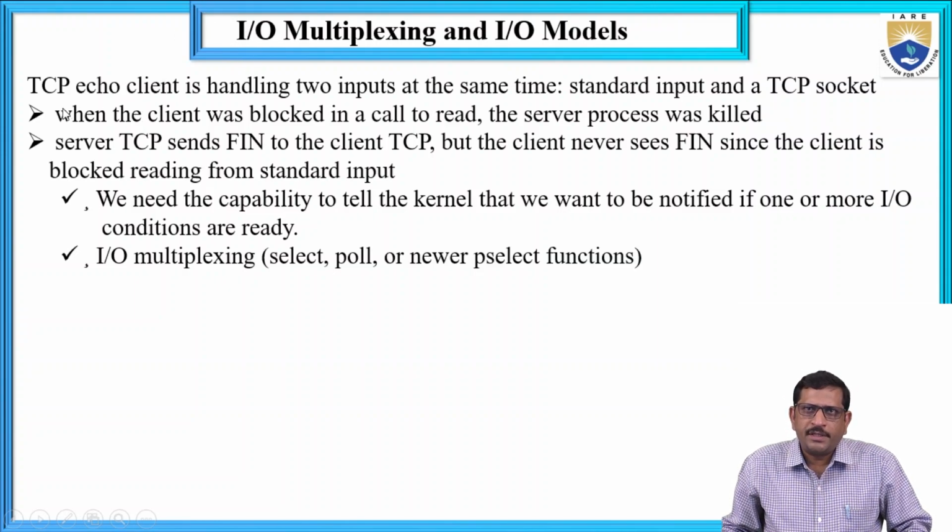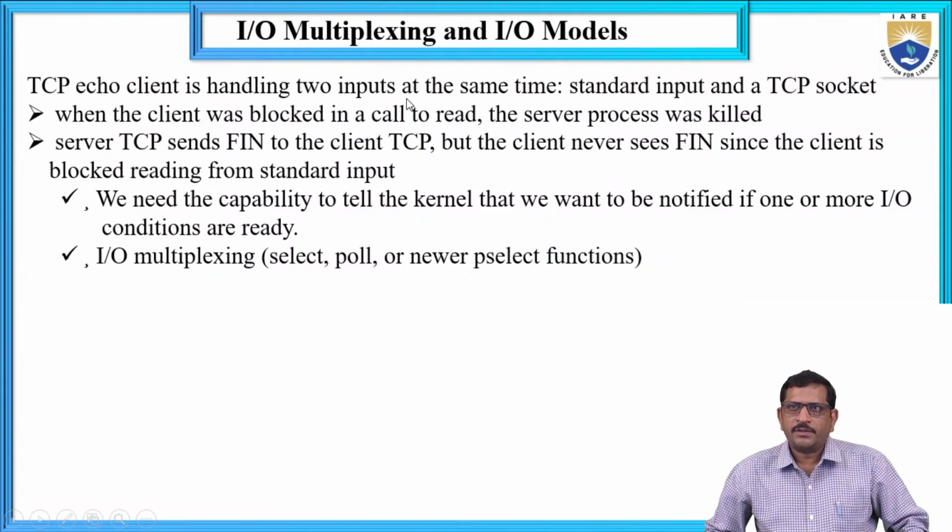So this TCP echo client is handling two inputs at the same time: the standard input and the TCP socket. When the client was blocked in calling a read or write operation, the server process was killed.